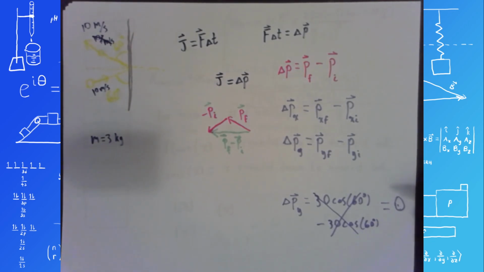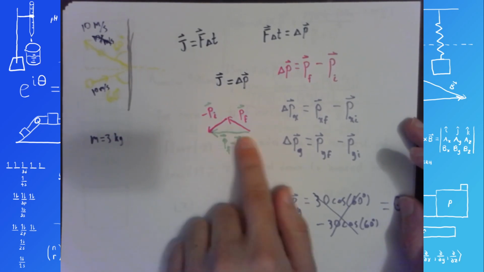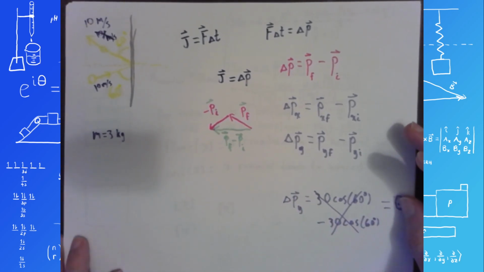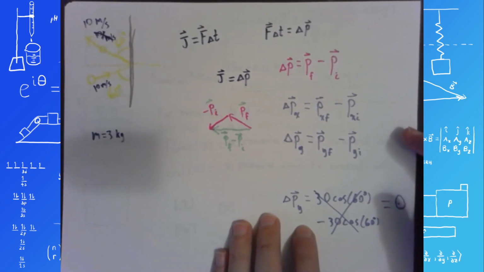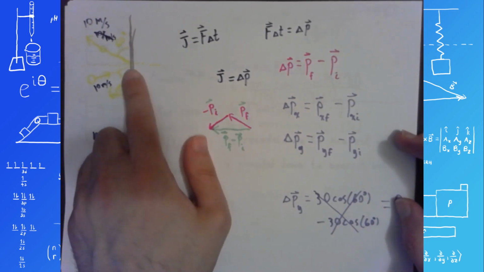That shouldn't come across as a surprise, especially when you consider this drawing that we got. Also, it shouldn't come as a surprise because the wall isn't going to exert a vertical force on this object. It can only exert a horizontal force.